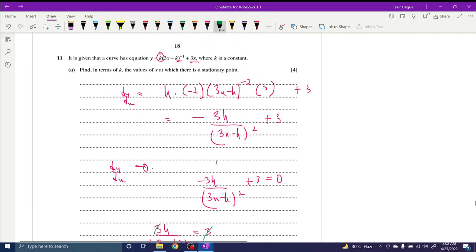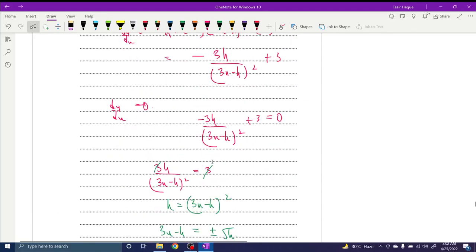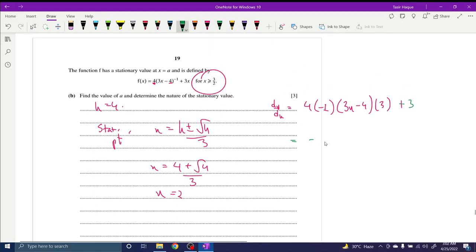So it's minus 12 divided by (3x minus 4) plus 3. You could equate this to 0, that would be fine as well.